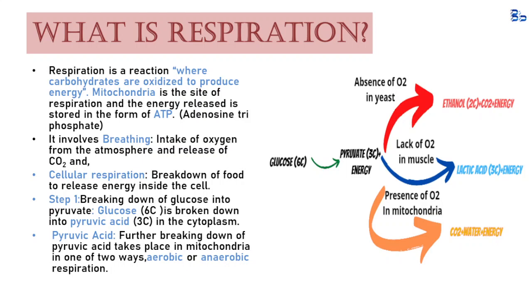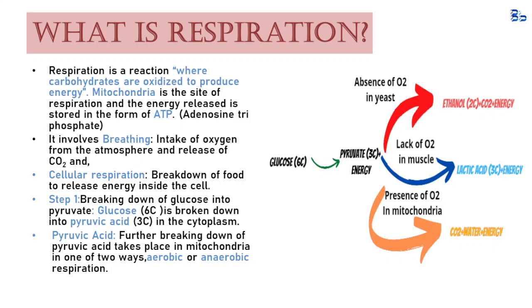Respiration involves two different processes. One is breathing, which is a physical process, and the other is cellular respiration, which is a chemical process. Breathing just involves the inhalation of oxygen and the exhalation of carbon dioxide. Cellular respiration can be broken down into a lot of steps.